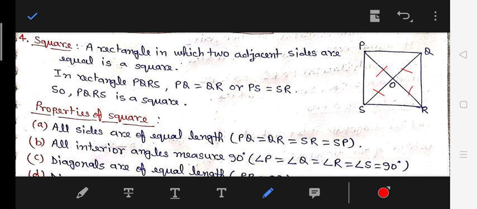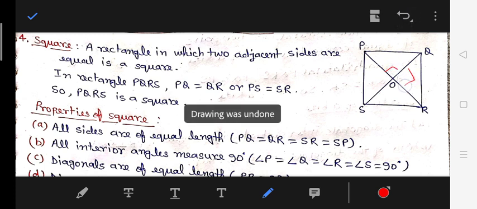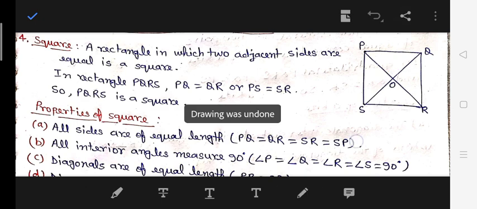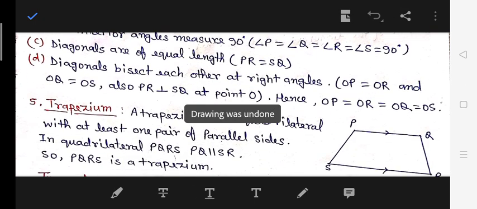And they bisect each other at right angles. It means this angle is 90 degrees, this angle is 90 degrees, here it is 90 degrees and here it is also 90 degrees. So both the diagonals in the square bisect each other at right angles. So those are the properties of the square.